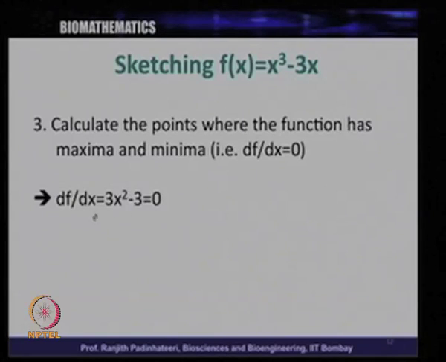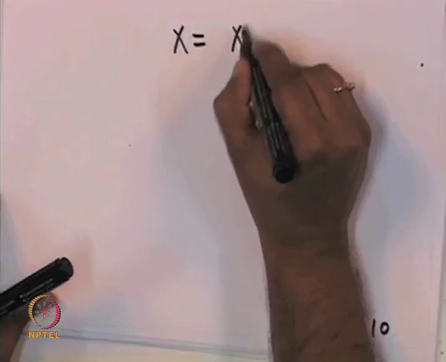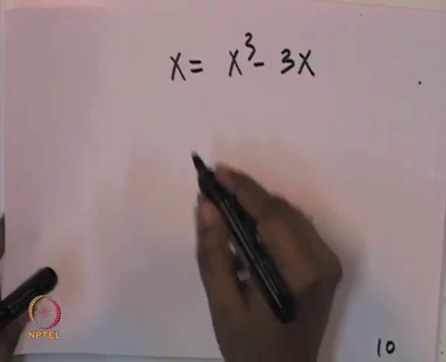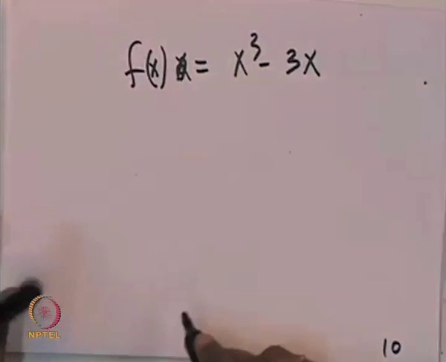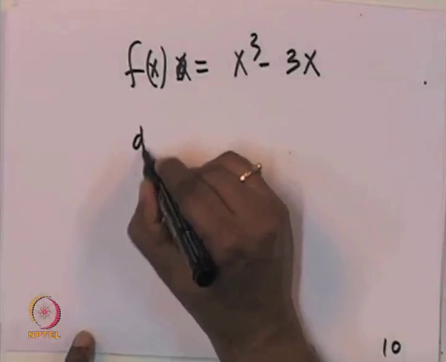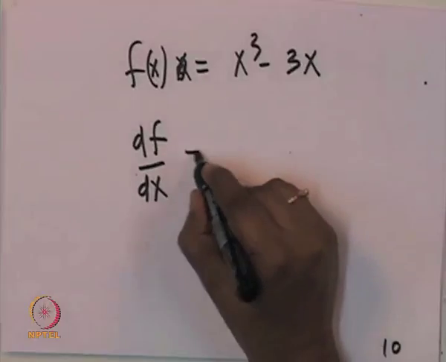So, now what is df by dx? Let us go back and learn once more what is df by dx. As we learned, f of x is equal to x cube minus 3 x. The derivative, which is df by dx, is equal to what?